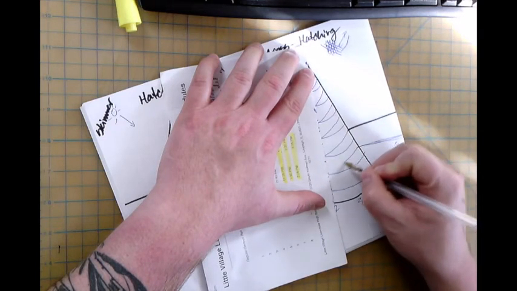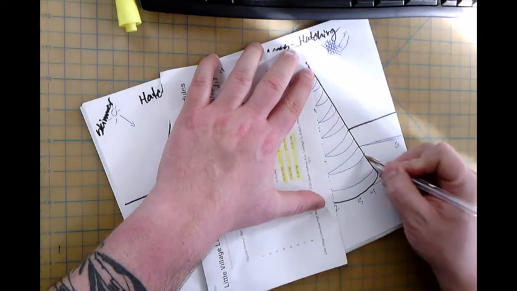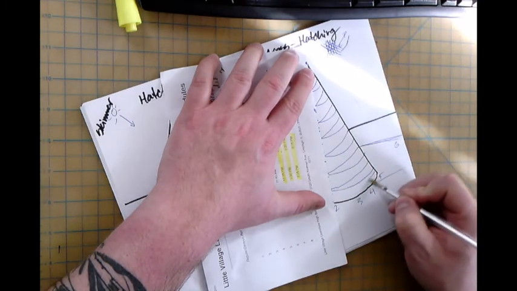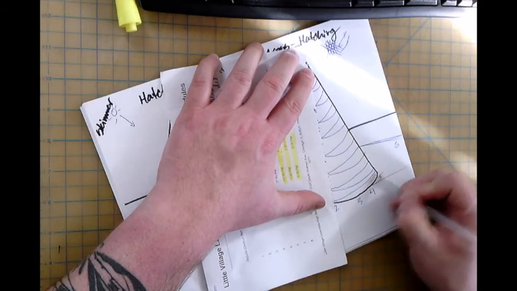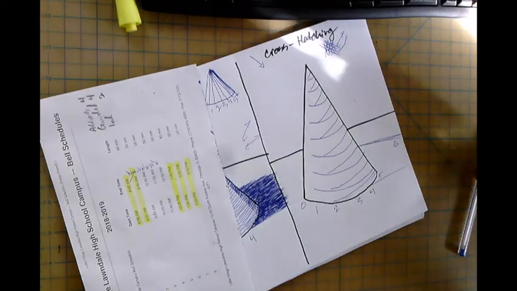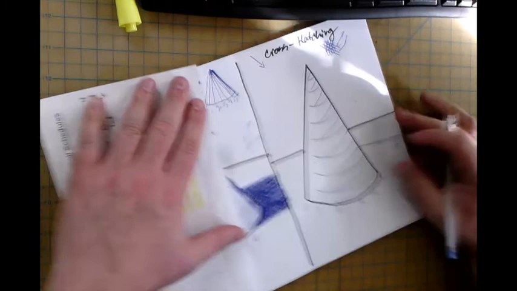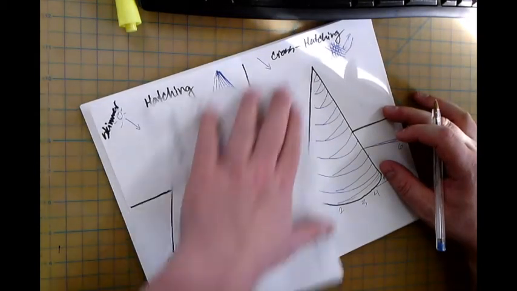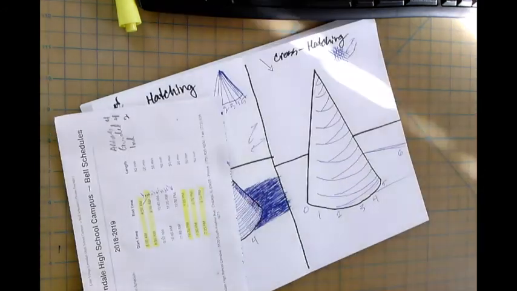I don't know if that's the right way to do it, but that's how it's working right now, right? All right, check that out. Yeah, we'll leave that there for now. So that looks pretty accurate.